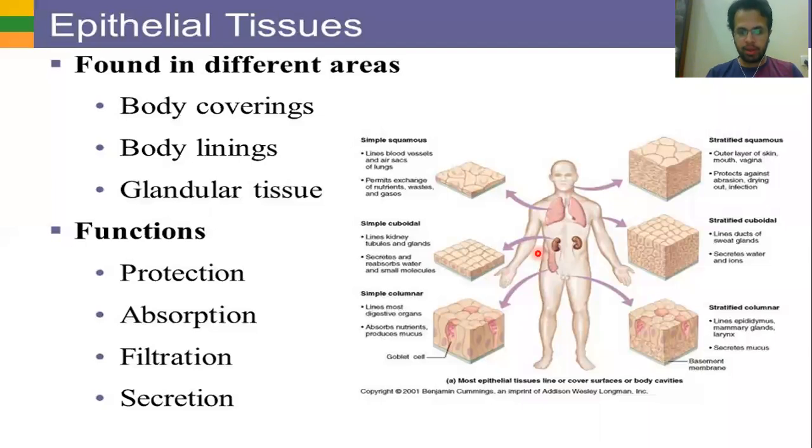The food you take is first absorbed into the epithelial cell, then goes into the blood. Also, it is secreting the substances which come into your food, so it is doing the function of secretion. So the function of the epithelial cells is also secretion and absorption.